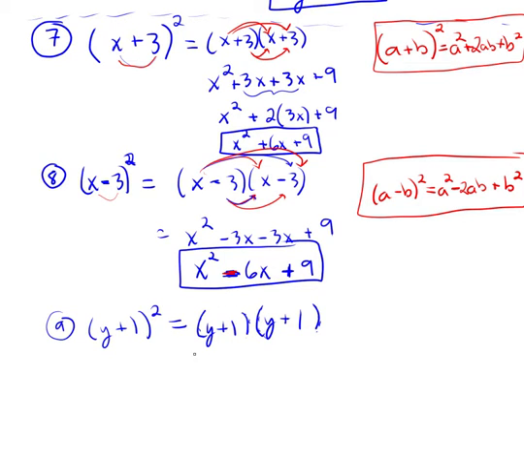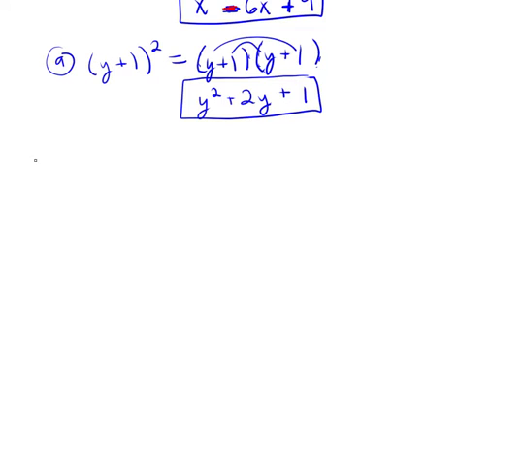And when we multiply it, once we see it, we can say, oh, it's y squared, and the middle term will be y and a y, so that would be 2y's plus 1 times 1 is 1, which is 1 squared. Oh, that was not easy.